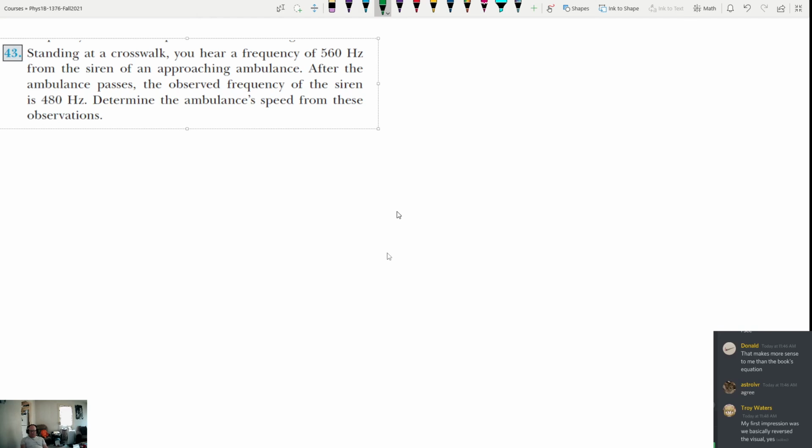All right, so we have a scenario where we have an ambulance, and it's traveling in this direction. Apologize for my horrible drawings. And you're standing here, right? And what you know is that when it's approaching, you hear a frequency of 560.